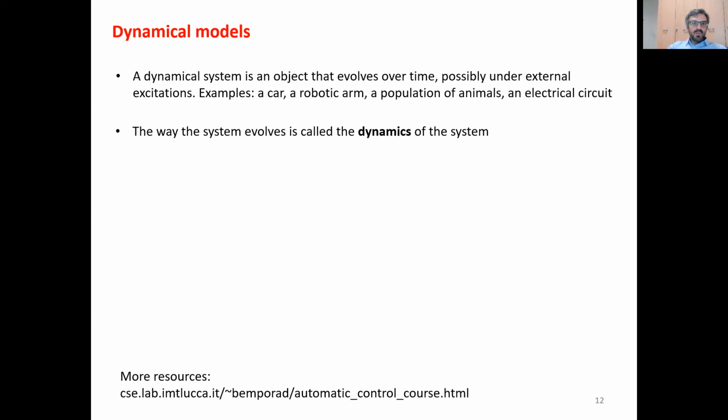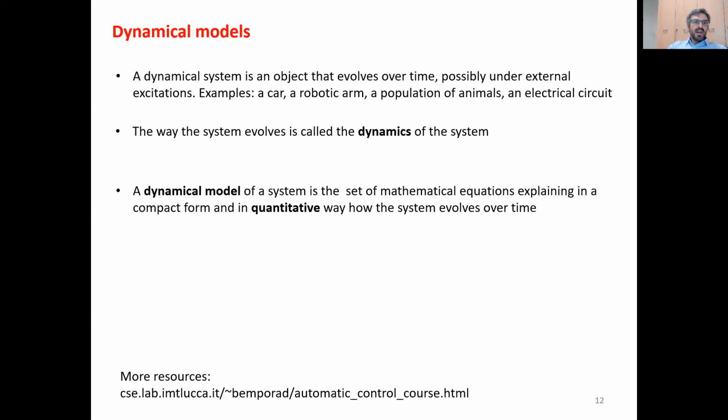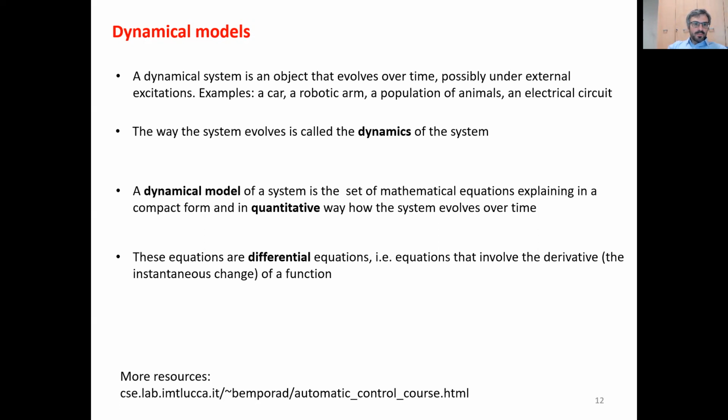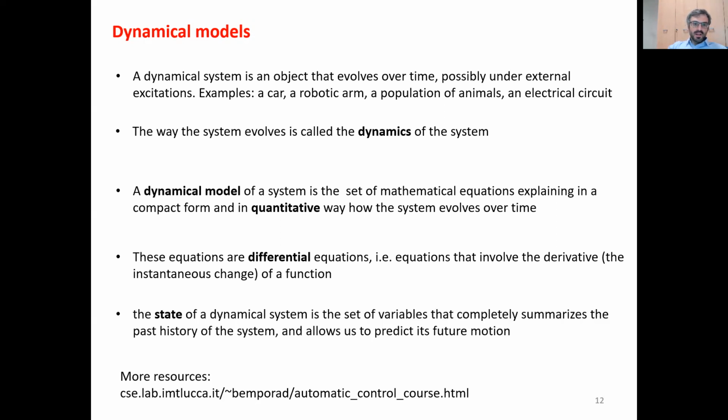And the way the system evolves is the dynamics, and a dynamical model is the set of mathematical equations explaining in compact form how the system evolves over time. These equations are differential equations, and they involve the derivative of our state, sorry, not of a function.